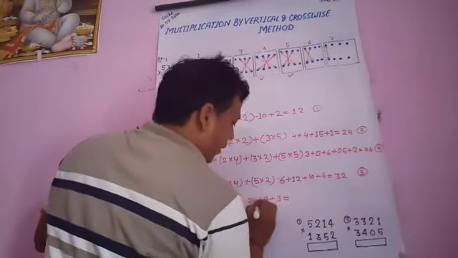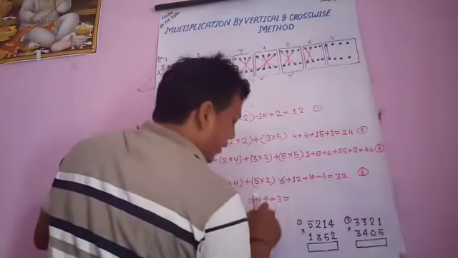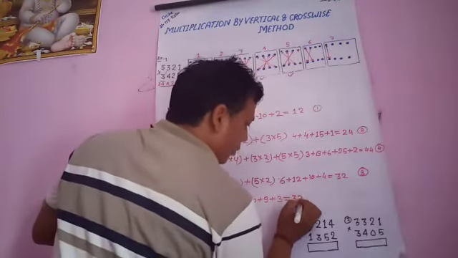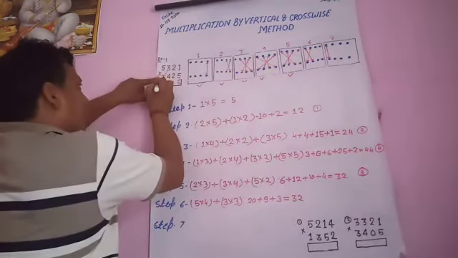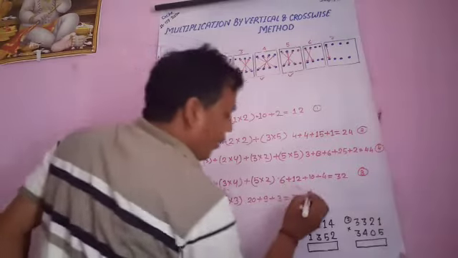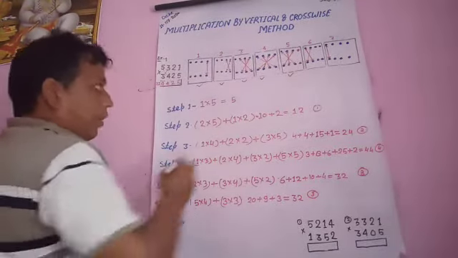So 20 plus 9 is 29, plus 3 is 32. 32, write 2 and carry 3. This 6th step is complete, right?